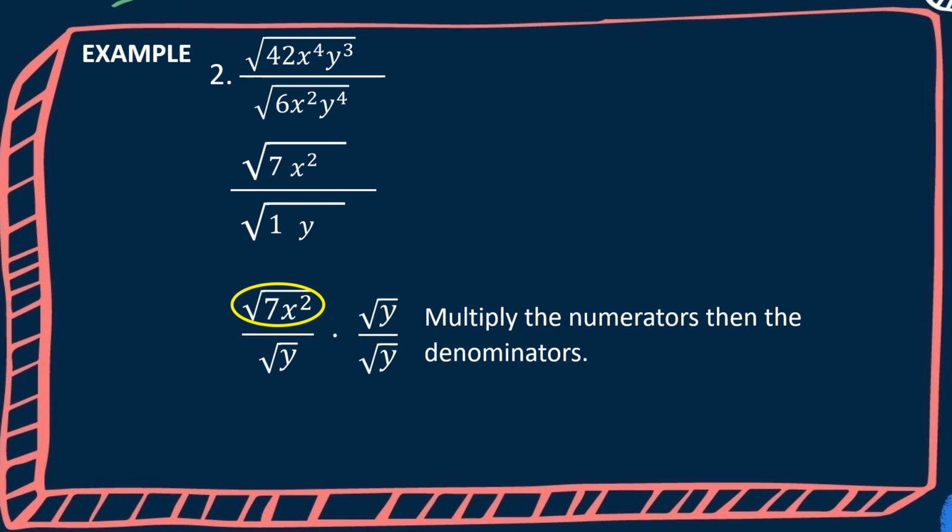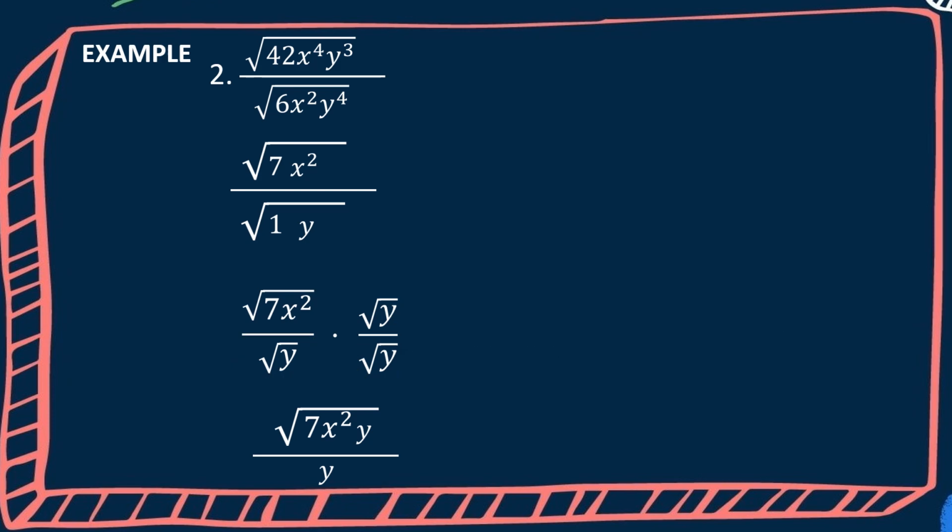Square root of 7x squared times square root of y is equal to square root of 7x squared y all over square root of y times square root of y is equal to y. So the simplified form of the given quotient is equal to square root of 7x squared y all over y.